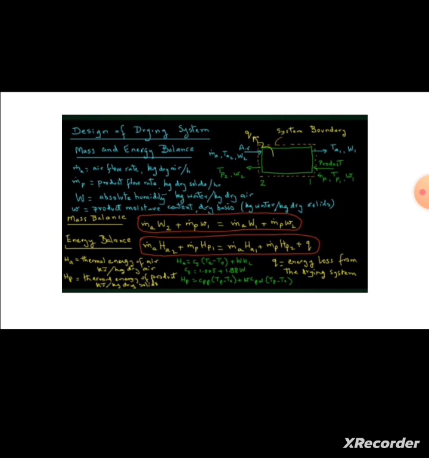Like that, whatever mass goes in and out will be equal. So this is the basic formula of mass transfer and energy transfer. By using these equations we can easily calculate any dryer, and this is the basic design for a drying system.